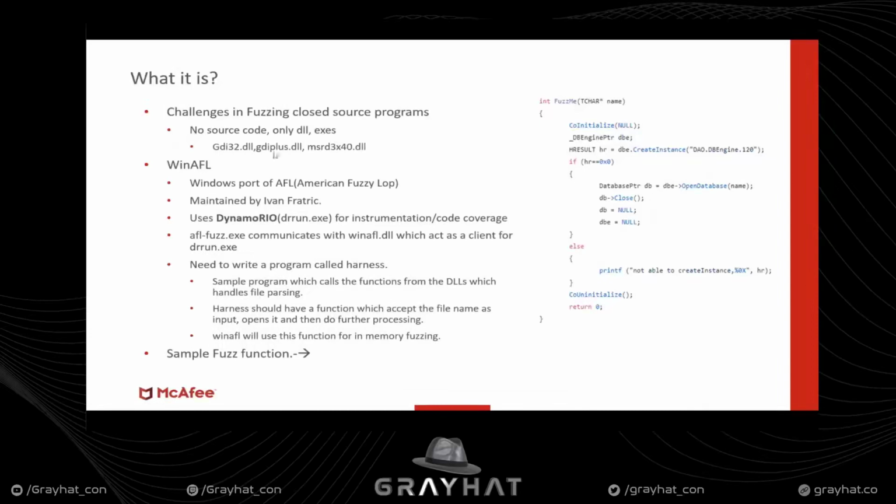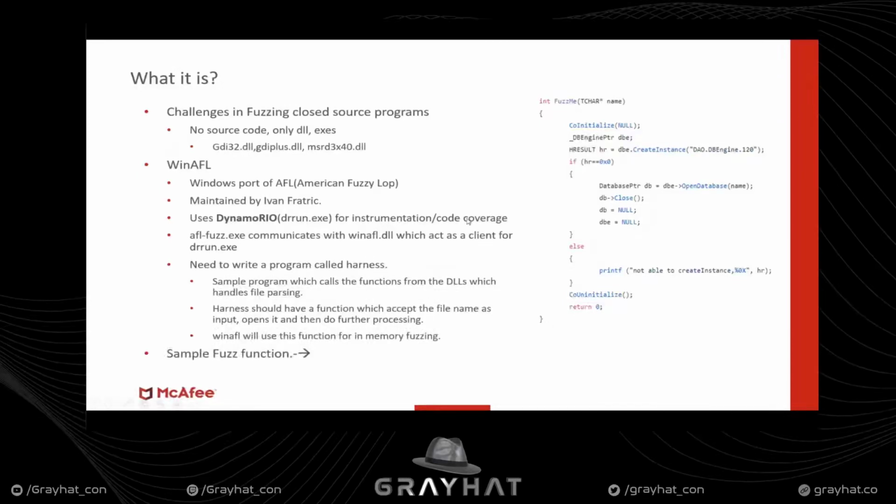So WinAFL will instrument these files and then it will modify your input accordingly. If WinAFL finds that a particular input causes a crash inside any of these DLLs, then it will save that input in the crashes folder, else it will move on and it will again repeat the same cycle.